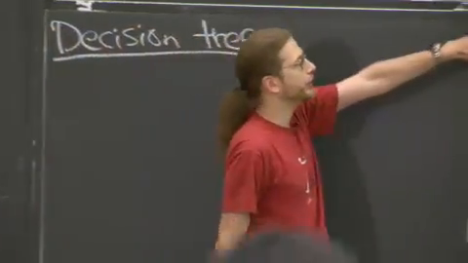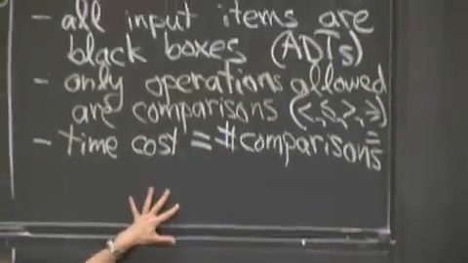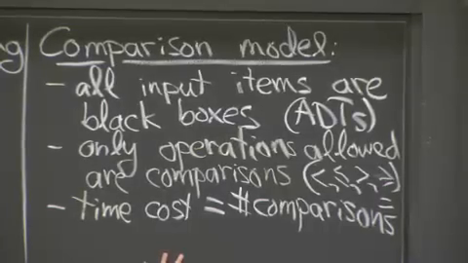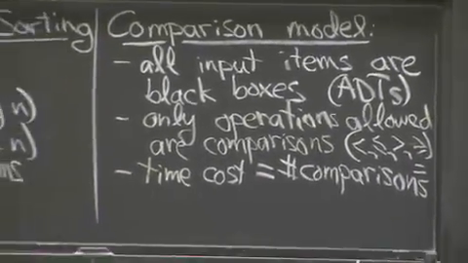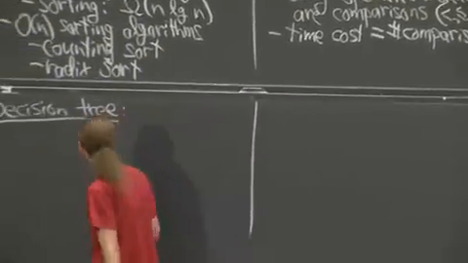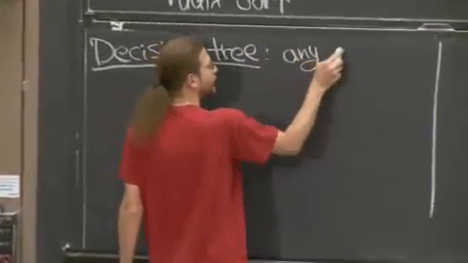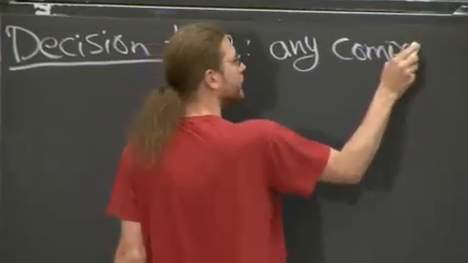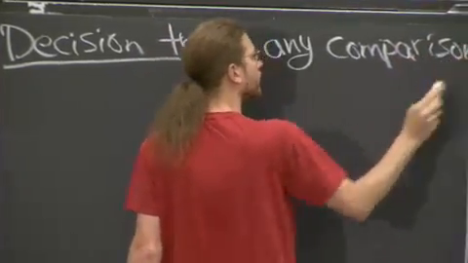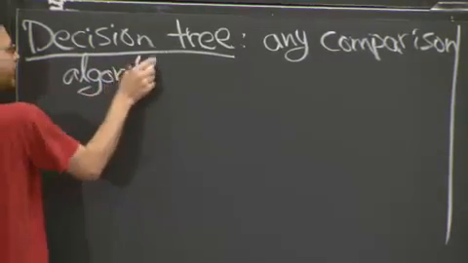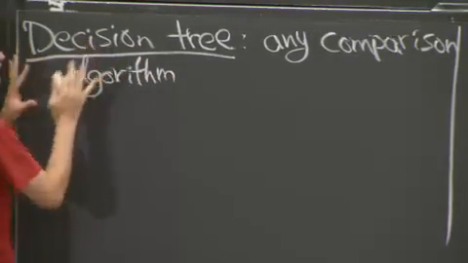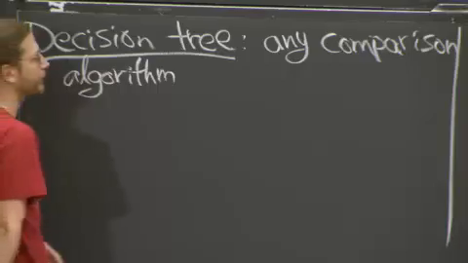If we know that our algorithms are only comparing items, we can actually sort of draw all the possible things that an algorithm could do. So any comparison algorithm, focusing in on comparisons, lets us take a tree perspective of what our algorithm does.